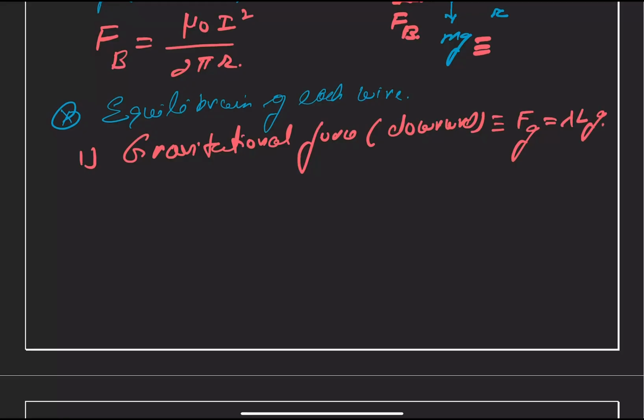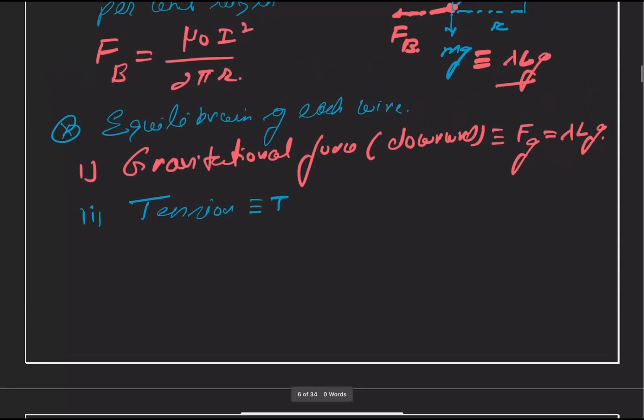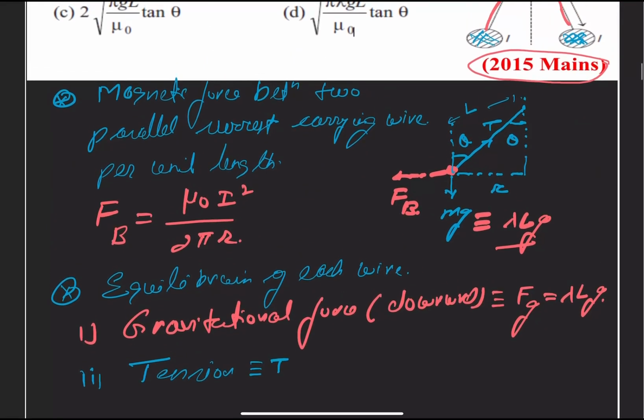Okay, because it is given as mass per unit length, so this will be lambda L multiplied by g. And then there will be tension in the thread, which is given as T, and we are going to have our magnetic force, let me write it small f. Okay, then I can easily reformulate it.